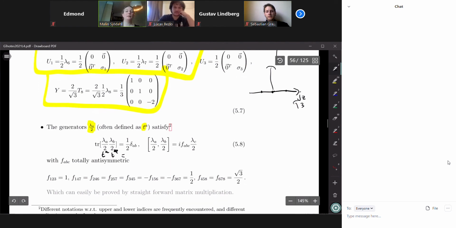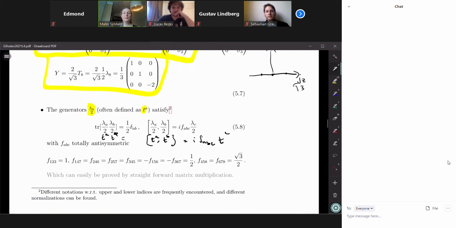And we also then write the commutator, and now we can write it in terms of the T's instead. So we have then the commutator of T_A, T_B is i f_ABC T_C, where we have just argued that this f_ABC is totally antisymmetric.